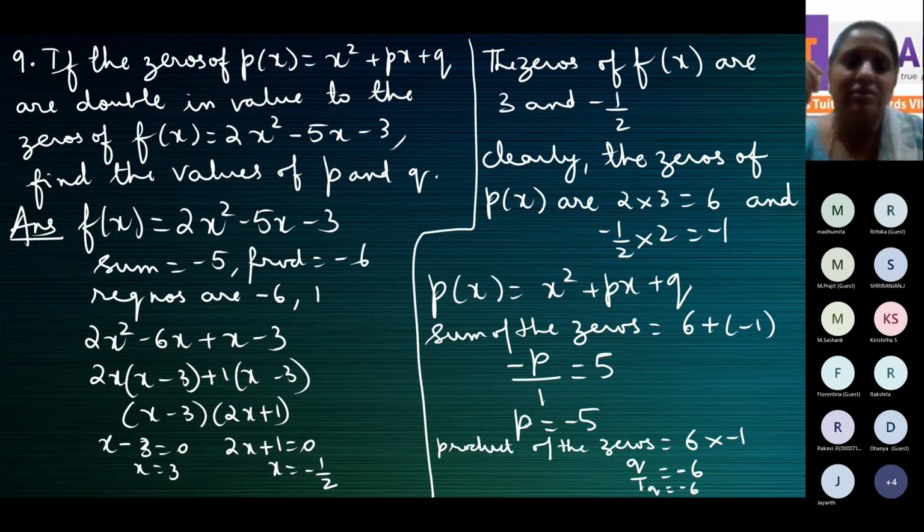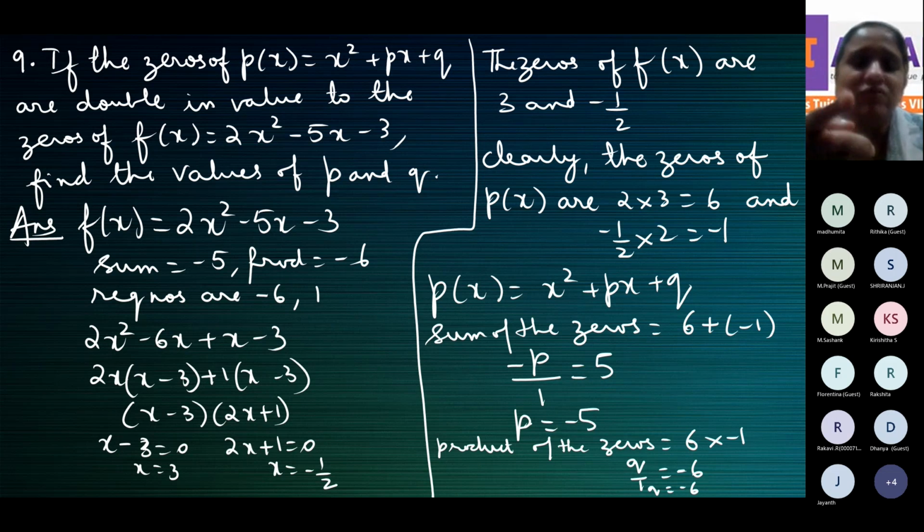We know that every quadratic polynomial can have a maximum of 2 zeros. It's given that the zeros of p of x are double in value to that of the zeros of f of x.